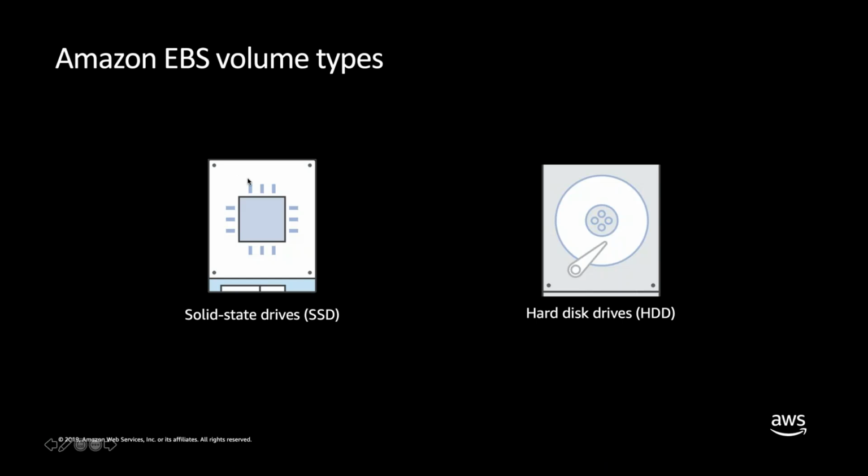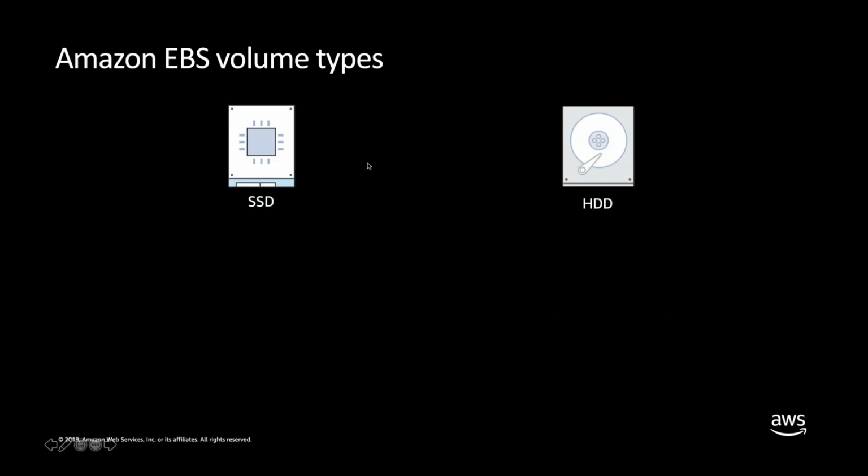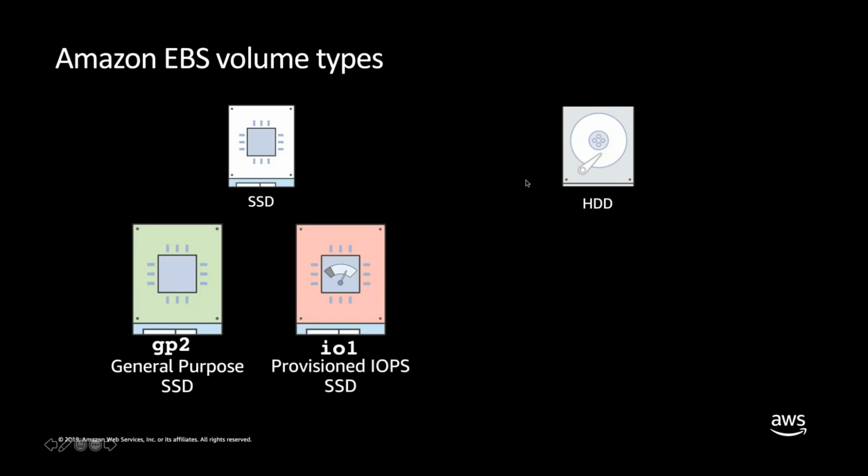For the SSD option, we have GP2, the general purpose SSD. Then we have IO1, the provisioned IOPS SSD. It depends on the usage of the SSD.